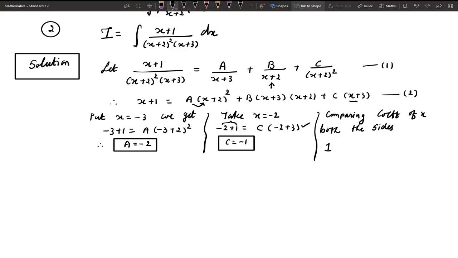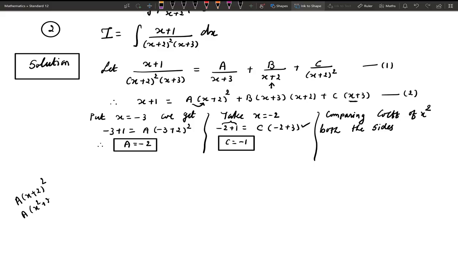Here when we expand a into x plus 2 whole square, so a into x square plus 4x plus 4, the coefficient of x is 4a. It is easier if we compare the coefficient of x square on both sides, then we directly get the value for a.